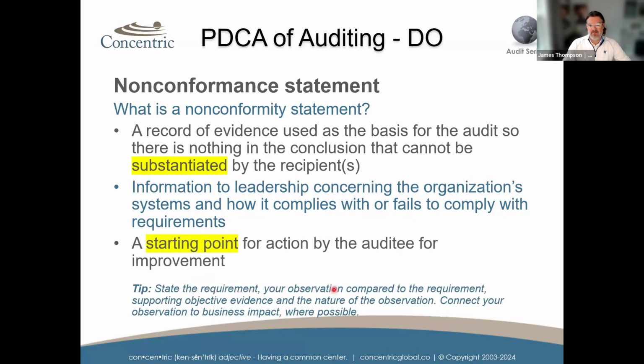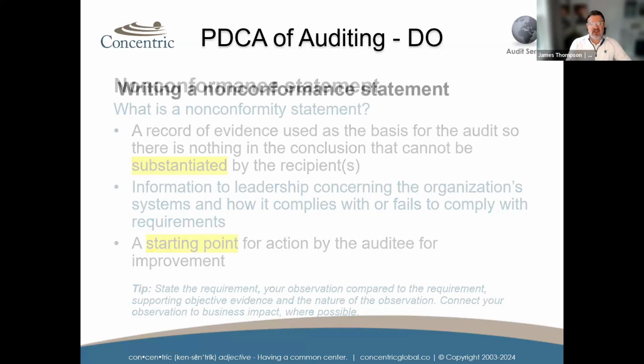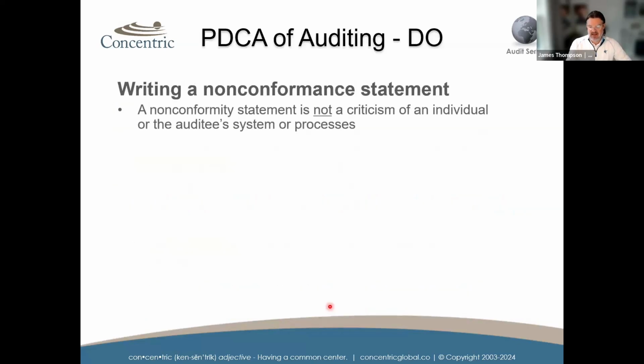State the requirement, your observation compared to the requirement, supporting objective evidence and the nature of the observation. Connect your observation to business impact where possible. That's a little bit wordy, so I'm going to take you to the next slide that kind of breaks that down. Actually, it's in a slide or two coming up here, but writing a nonconformity statement. It's not a criticism of an individual or auditee's system or processes.